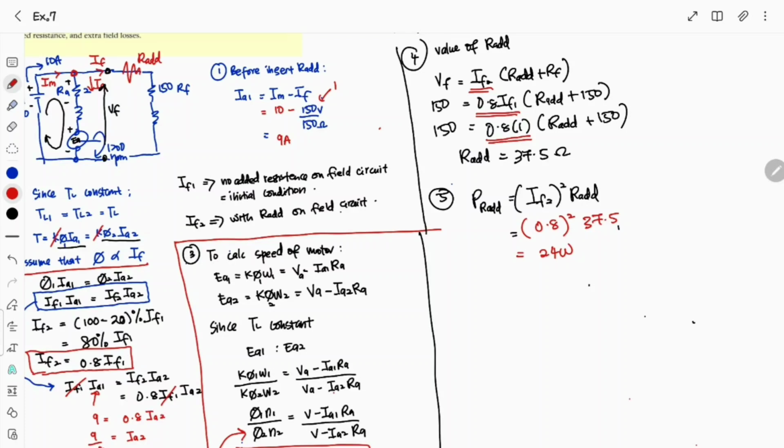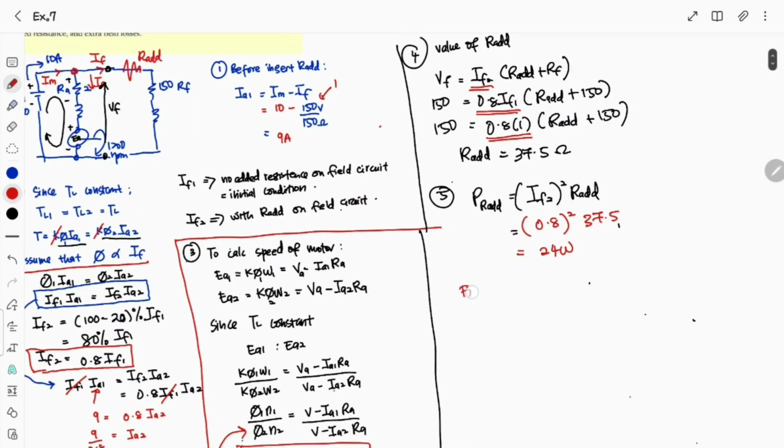How about the field losses? The field losses will involve both RF and RF. If you want to calculate the field losses, we add from the original question. So the field losses is PF, which is IF2 square times RF plus RF.